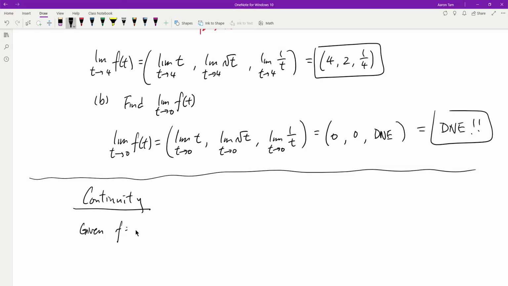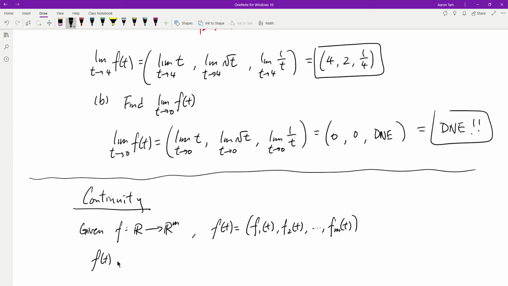Let's say given a function f that maps from R to Rm. So in this case, meaning that the function f of t is equal to, once again, f1 of t, f2 of t, to f sub m of t. We're going to define the following.